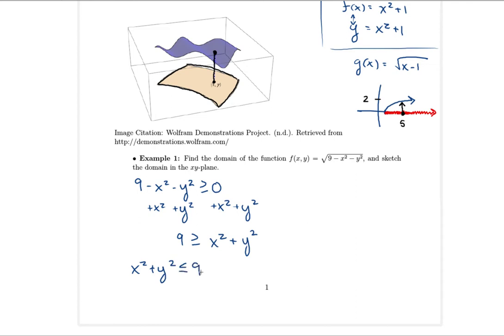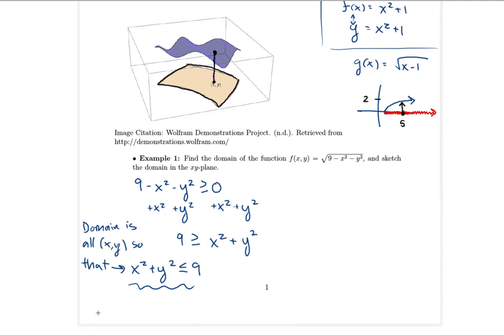Okay. So what we're saying is that the domain is all x, y, so that x squared plus y squared is less than or equal to 9. Okay, so, well, what is this? Well, we did a little bit of work with inequalities at the very beginning of the chapter.